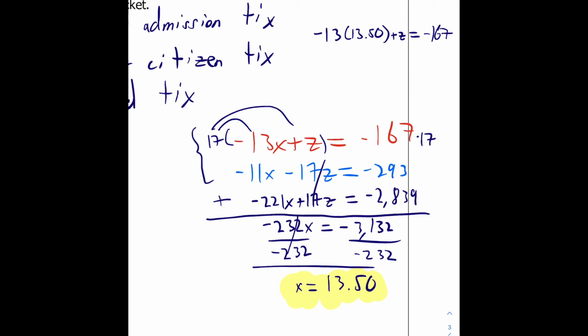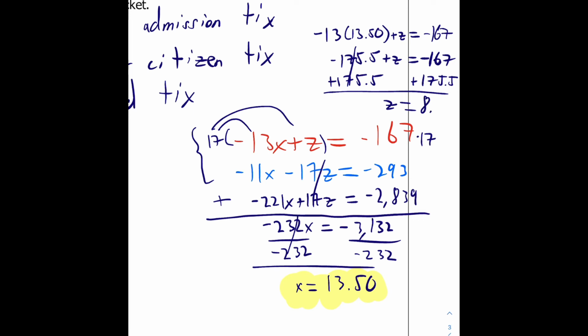So 1350 times negative 13 equals negative 175.5 plus z equals negative 167. Alright, so that gives me negative 167 plus 175.5. That gives me z equals 8.50. So z equals 850.